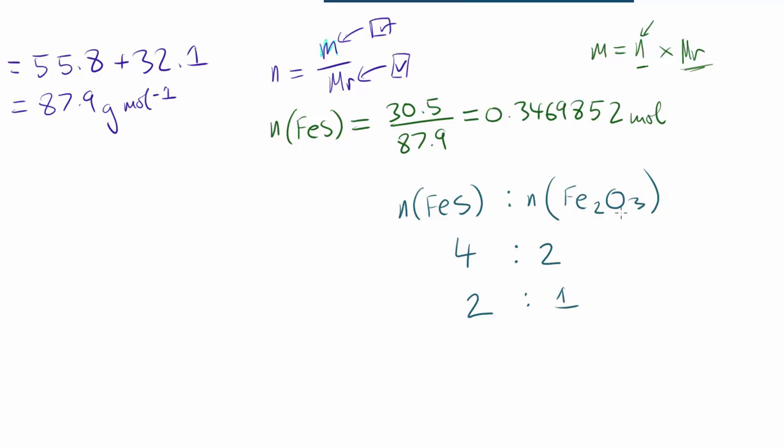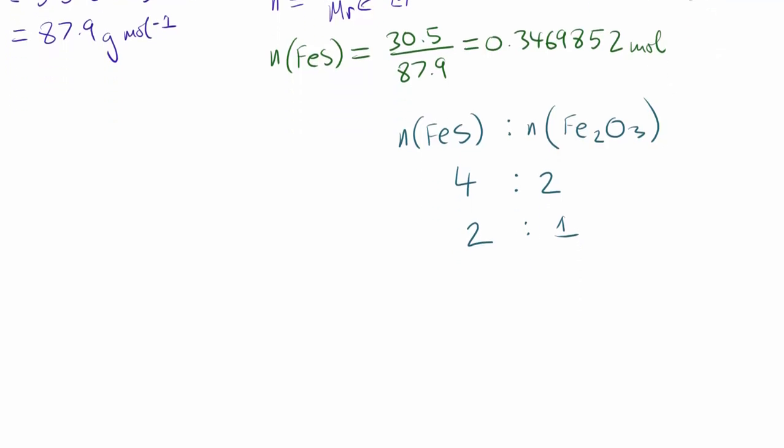So on that basis, what do we need to do to figure out the moles of Fe₂O₃? Well, clearly we need to divide the moles of FeS by 2, right?